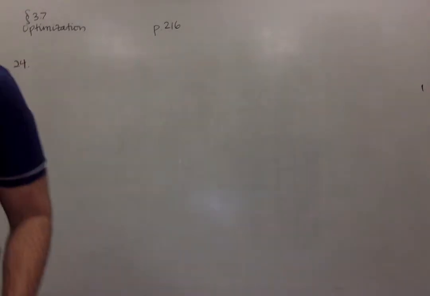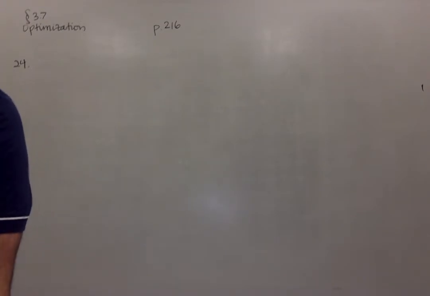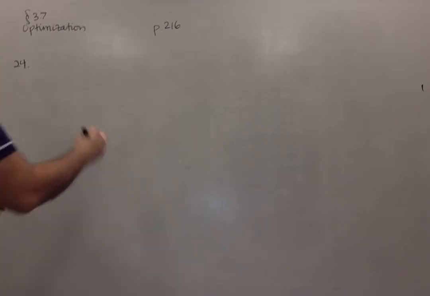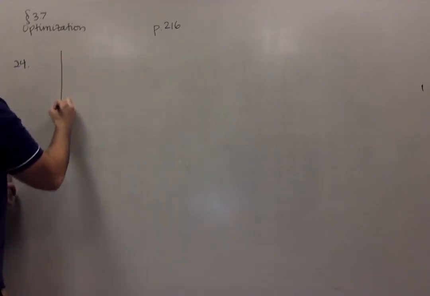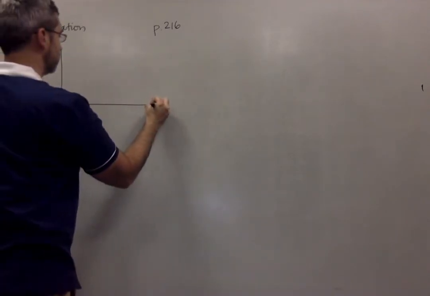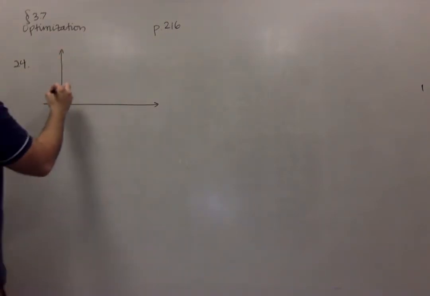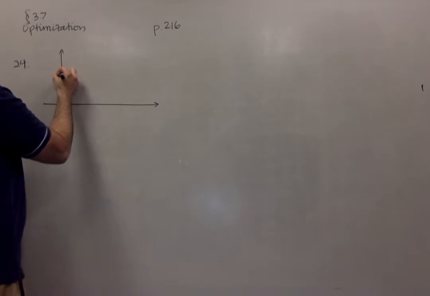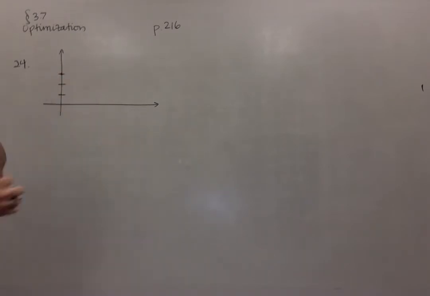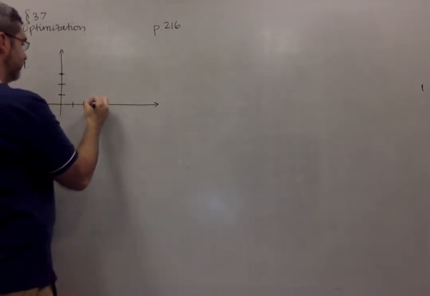A rectangle is bounded by the x and y axes and the graph of y equals 6 minus x over 2. See figure. Okay, so they've got a figure here. You notice that that line goes through, on the y-axis, 1, 2, 3. And on the x-axis, it goes through 1, 2, 3, 4, 5, 6.